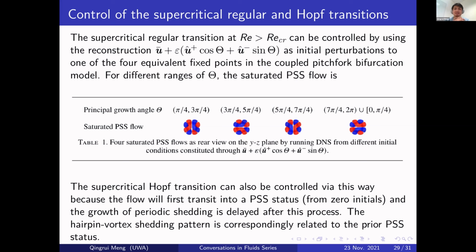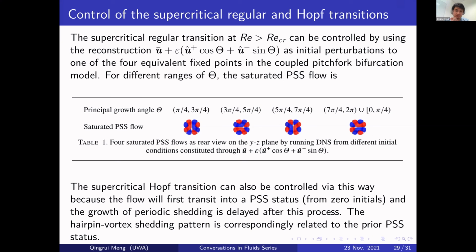Then by giving different values of theta, we will control the saturated PSS flow to one of the four equivalent fixed points. Because the base flow is orthogonally symmetric, we can divide the space into four parts.